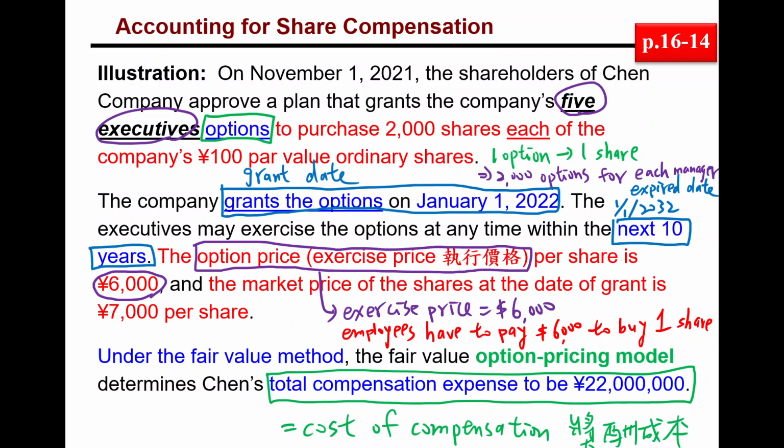Okay, so it's a total cost for the options.